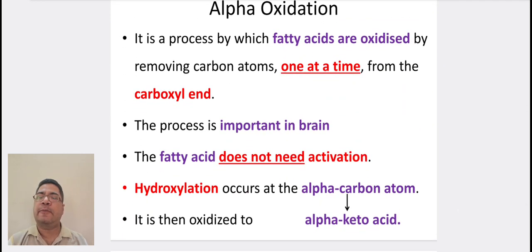Coming to alpha oxidation, it is a process by which fatty acids are oxidized by removing carbon atoms one at a time from the carboxyl end. The process is important in brain. The fatty acids do not need activation. Hydroxylation occurs at the alpha carbon atom. It is then oxidized to alpha ketoacid.